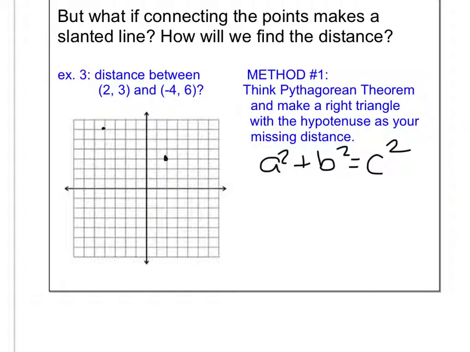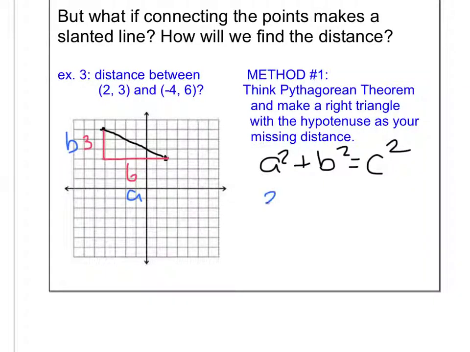Okay. And what we're trying to figure out is what the distance is of that slanted line. The way to use the Pythagorean theorem is we need to figure out how many units we're going down, which is 3, and how many units we go over. So we're really looking for the difference of the y's and the difference of the x's. From there, your a and b come from 6 and 3.